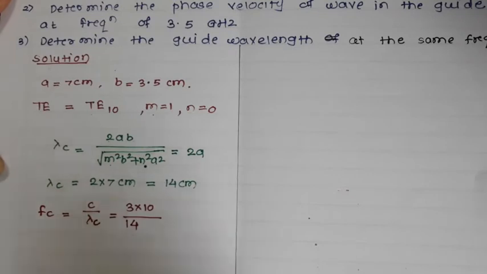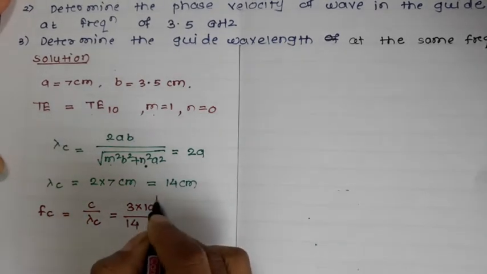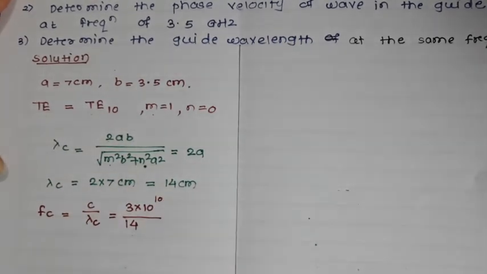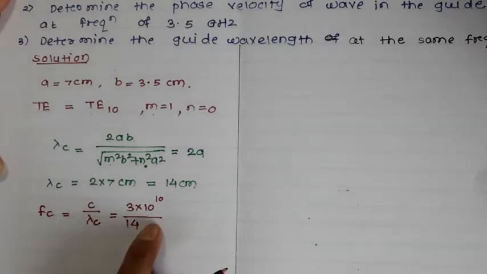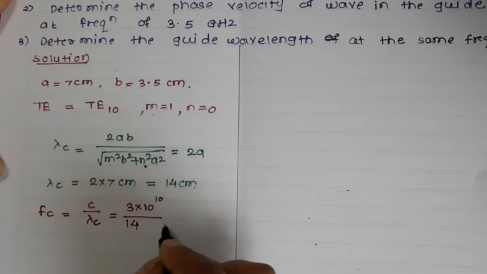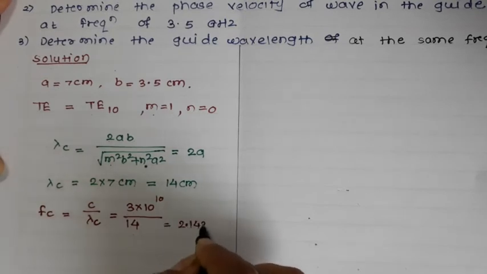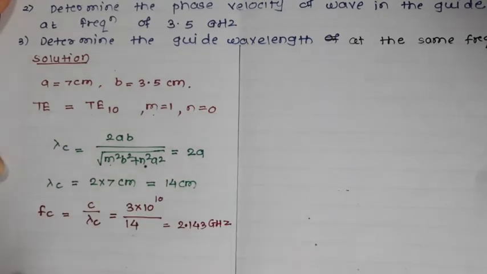So if I calculate this, 3 into 10 raised to 10 by 14, we know that our velocity of light is 3 into 10 raised to 8 meters per second. We are converting it into centimeters, so it becomes 10 raised to 10. So this will be 2.143 gigahertz. Now I know what is the cutoff frequency. The first thing is already solved, that is we have calculated the cutoff frequency.